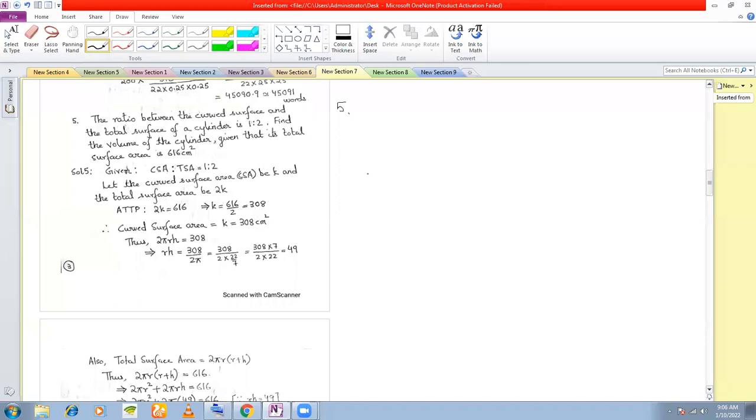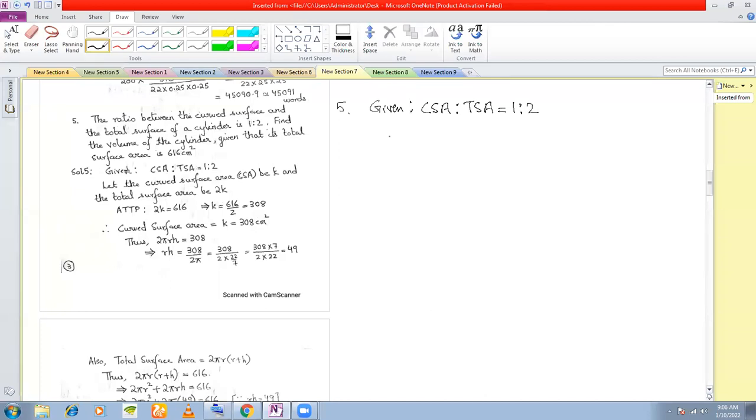Now, since the ratio of these two is given to you, I can say given here is ratio of curved surface area is to total surface area. Ratio of these two is 1:2. Okay.